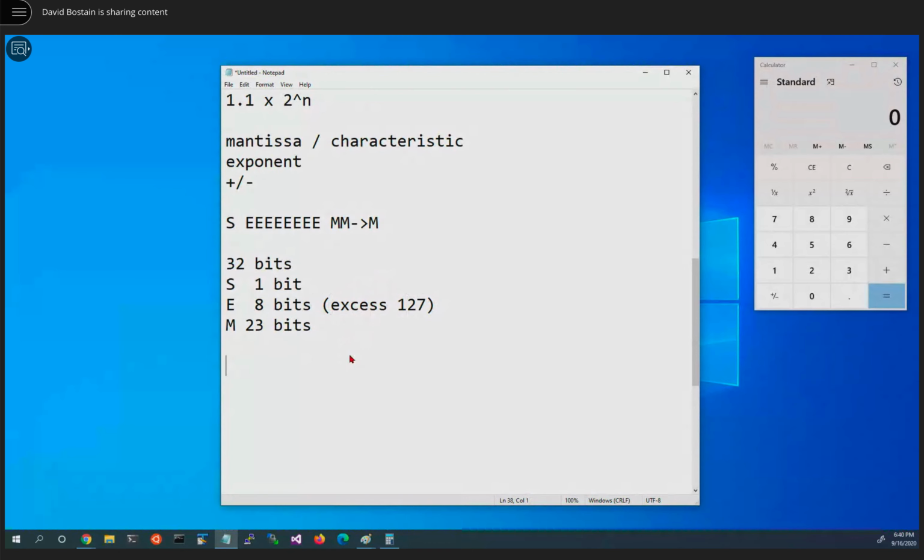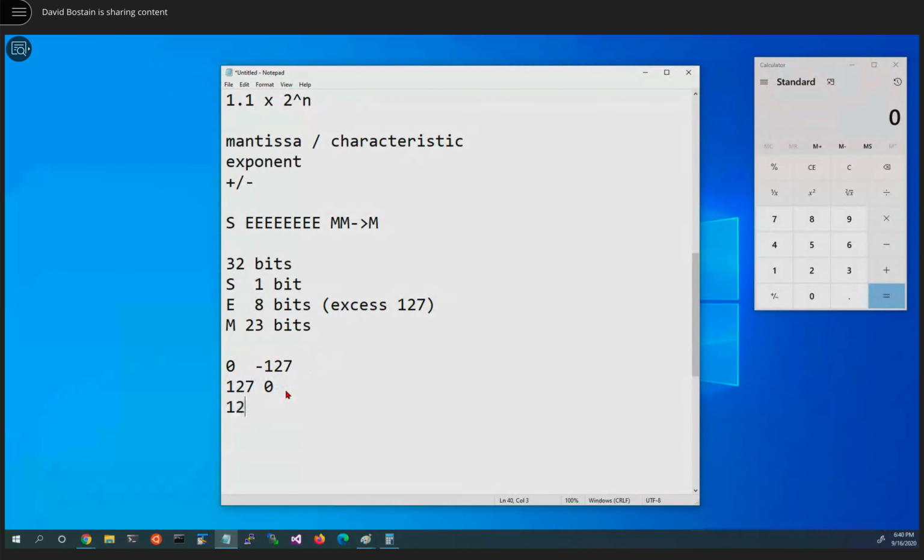The deal here is that we would like for the exponent to always be a positive number. So if I make the exponent be 127 when the value really should be 0, that means I could get the number 0 as an exponent when I wanted it to really be negative 127. It would be equal to 127 when I really wanted the number 0.